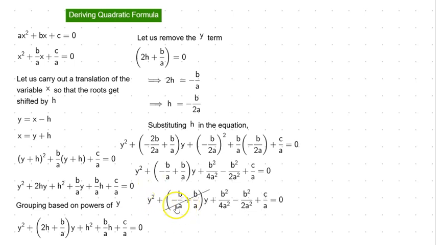So we have y² + b²/4a² − b²/2a² + c/a = 0.